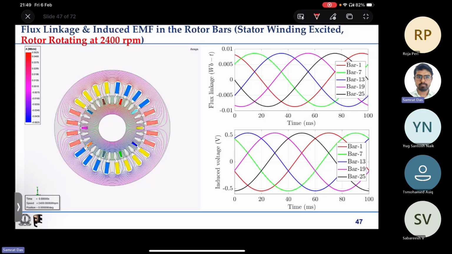Suppose, as you said, 2400 RPM. The field in the rotor bar will be rotating at 600 RPM with respect to the rotor. So the flux linkage will be realized in that way also.